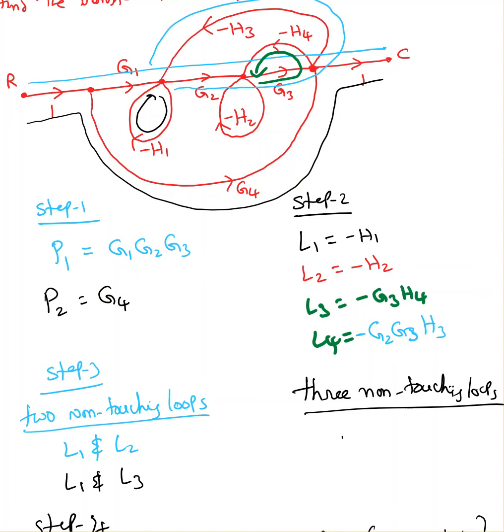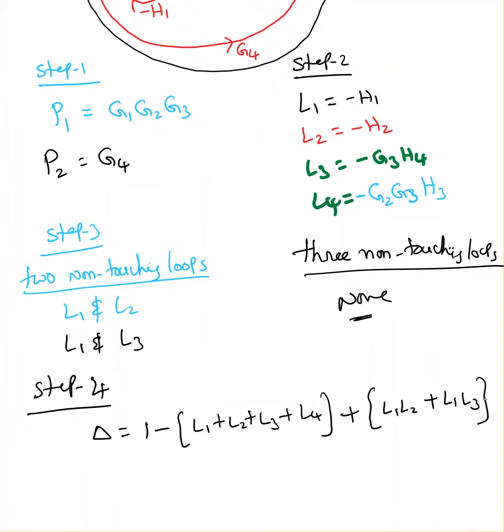Here I don't have any, so I'm going to put none. If I had any, I would put minus the product of those 3 non-touching loops. Here those are none, so I'm going to eliminate that part. This is good enough.